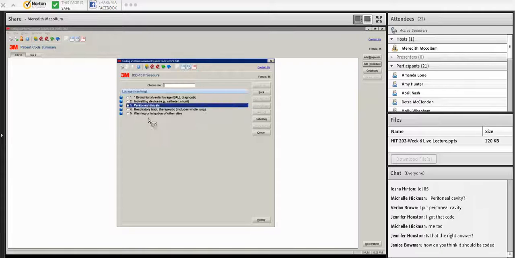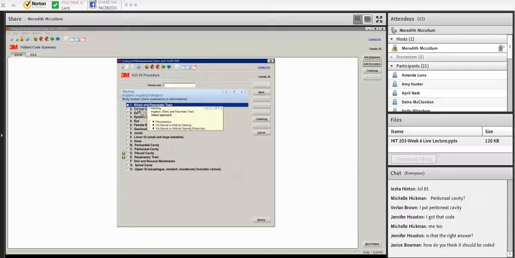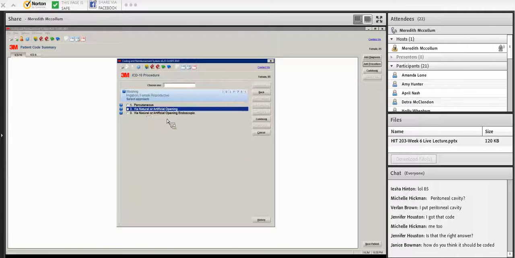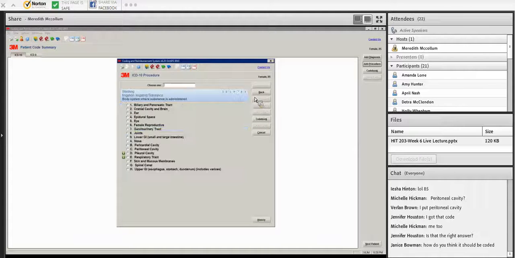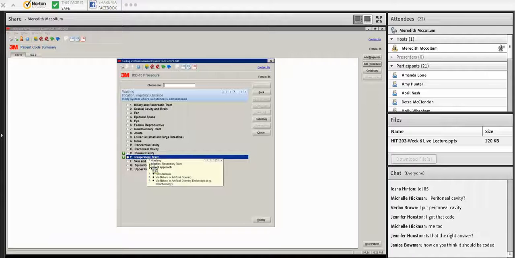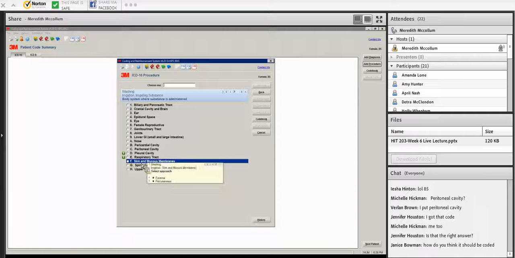Washings. Diagnostic. Or female reproductive. No. See, I don't even think I can do it this way. I think that's why they had to go drainage.